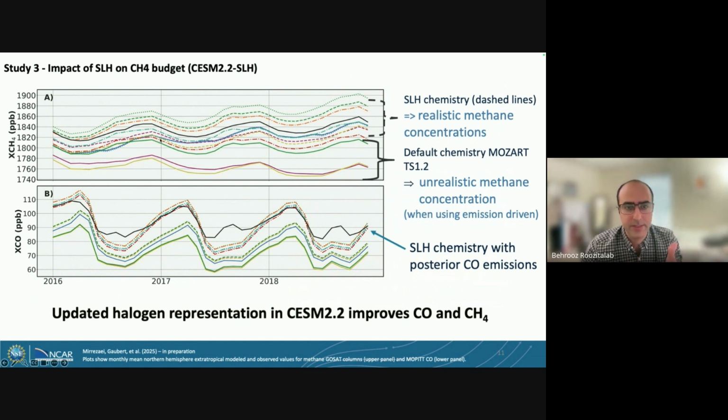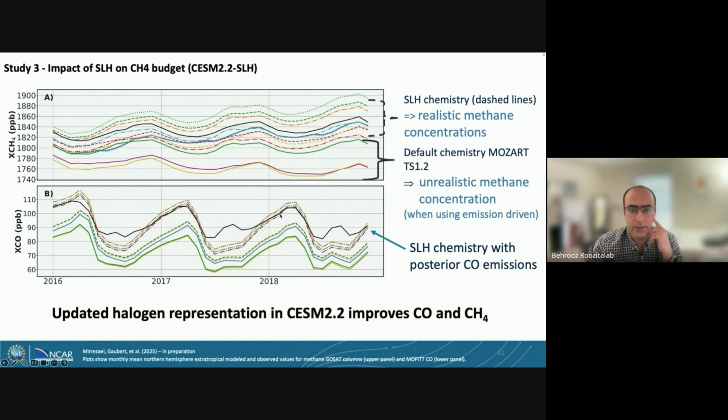There are different scenarios included in this plot, but to summarize, we see that these very systematically biased low values are from the model without short-lived halogens, and by including the short-lived halogens, we get closer to the observations from the satellite.